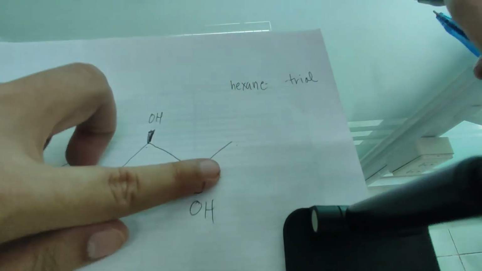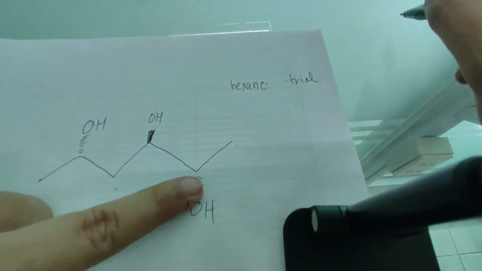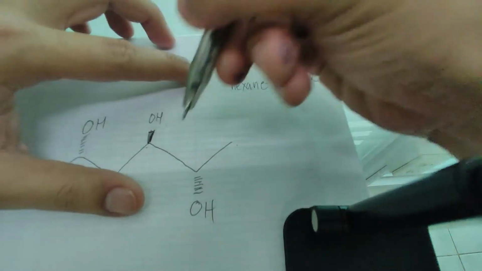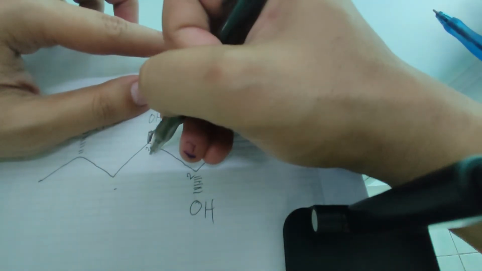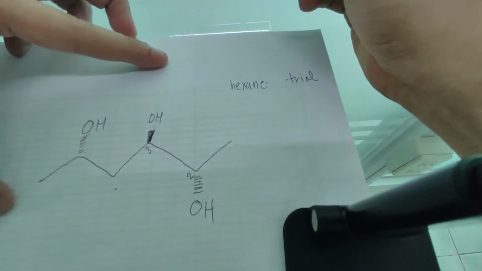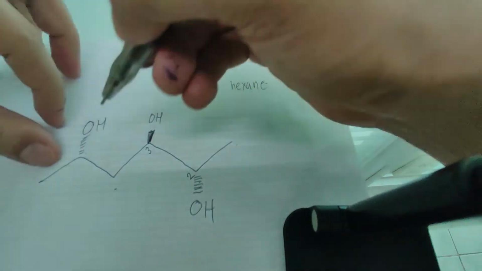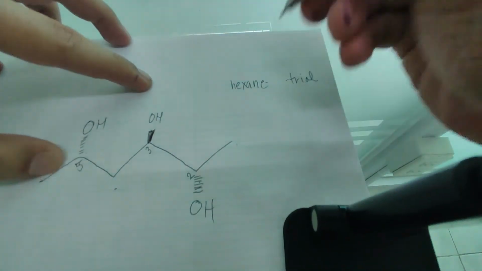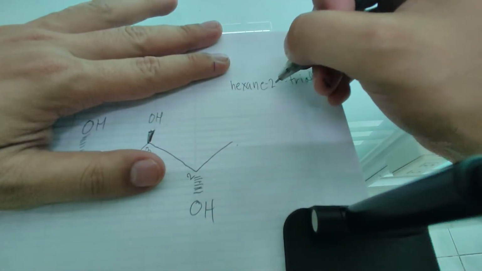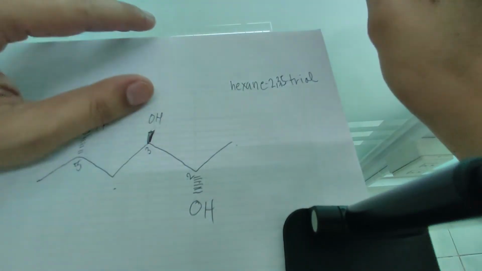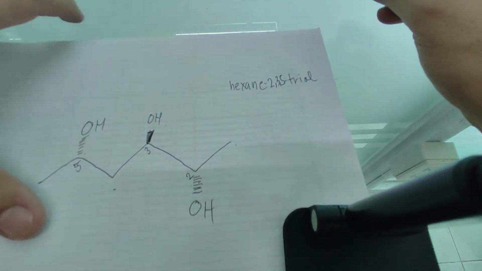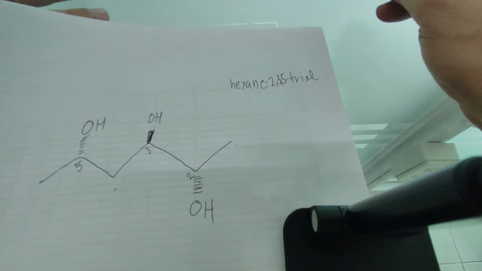So, we have a 2, 4, 5. Pagka naman dito, we have a 2, 3, 5. Gusto natin yung 2, 3, 5 kaysa 2, 4, 5. So, therefore, we have a hexane 2, 3, 5 triol. Now, that's the IUPAC name of this compound.